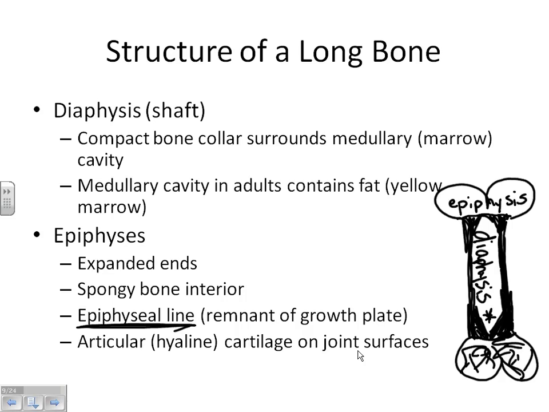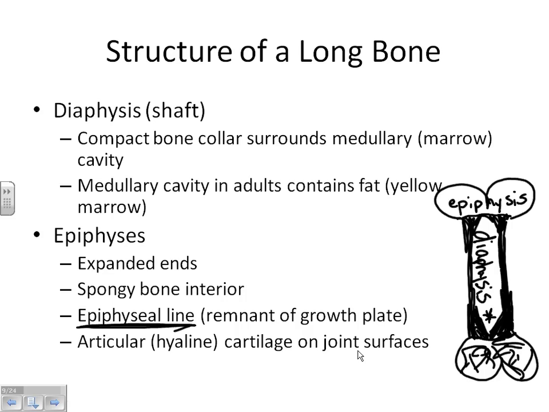As little babies, we had red bone marrow flowing through all of this, the entire long bone. Now that we're adults, we don't have that anymore. Our big center bone marrow cavity in our diaphysis is filled with yellow bone marrow. What do you think's inside a yellow bone marrow? Fat. Okay?